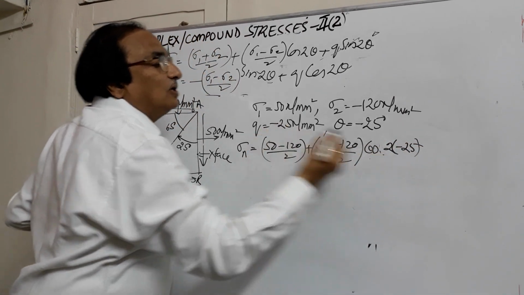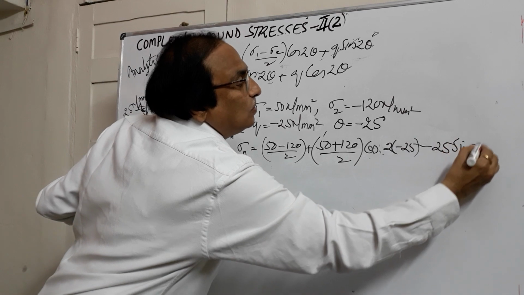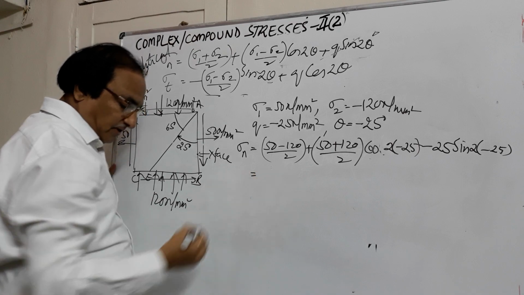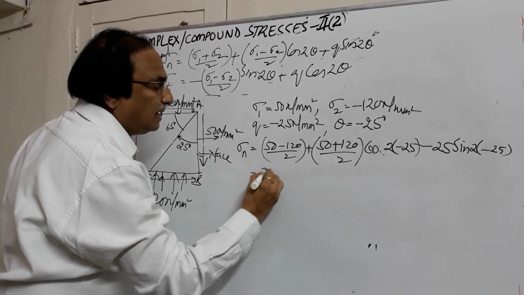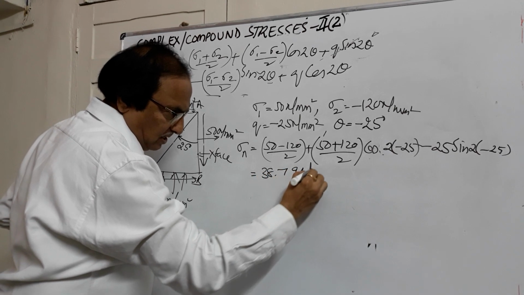Q is negative here, so this will be minus 25 into sine of 2 into minus 25. If you simplify this, you get sigma n equal to 38.79 Newton per mm square.